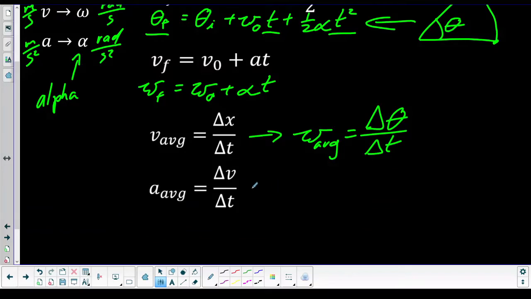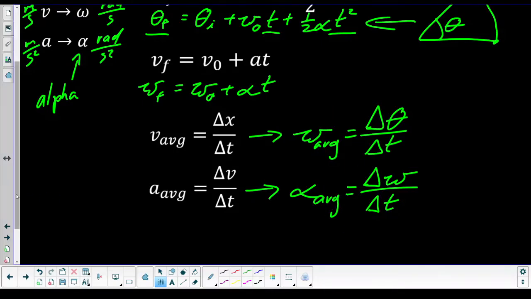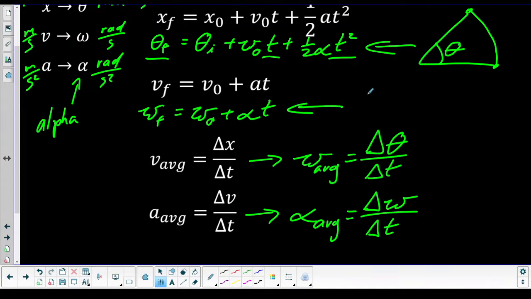And your average acceleration is equal to your change in angular velocity over change in time. Okay. Keep in mind these are averages. If you want to know exactly what they are, you have to use this formula or some other formula, right? If you're speeding up the whole time, it's not going to tell you the angular velocity all the time. And the way you say these things out loud, you just throw the word angular in front of whatever you're talking about. This is angular velocity, angular acceleration, angular displacement.